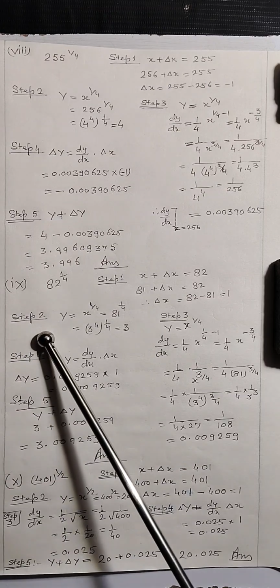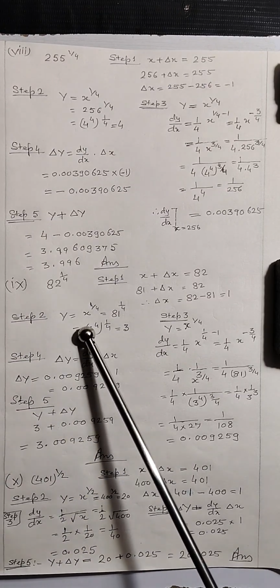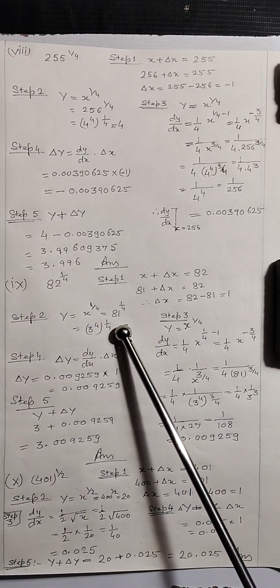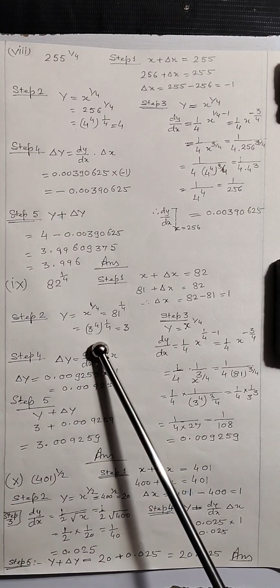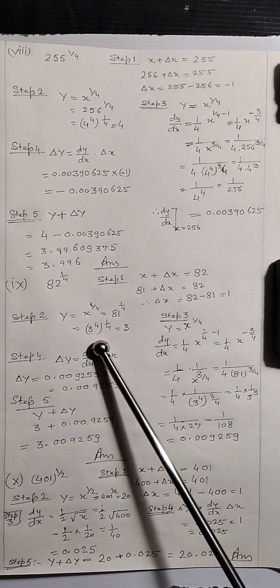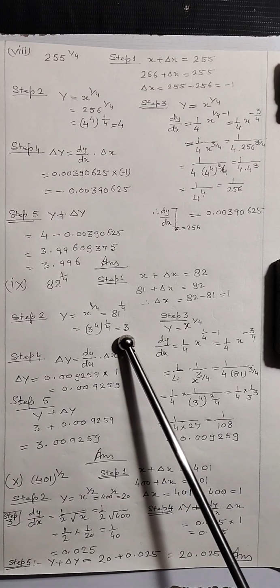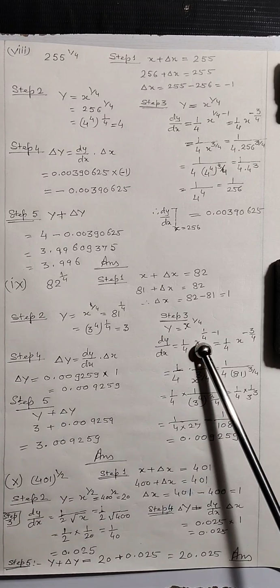Now in step 2, y is equal to x raised to power 1 by 4, that will be equal to 81 raised to power 1 by 4. So 81 can be written as 3 raised to power 4 whole raised to power 1 by 4, that is equal to 3.